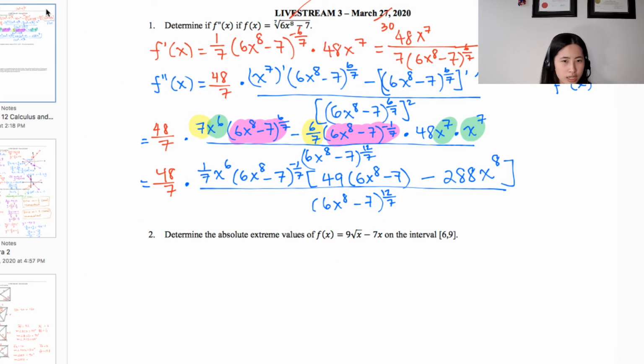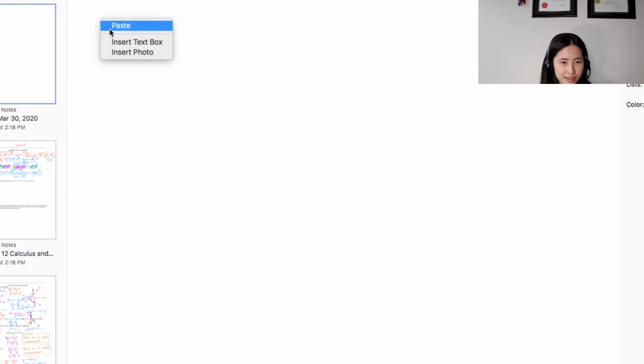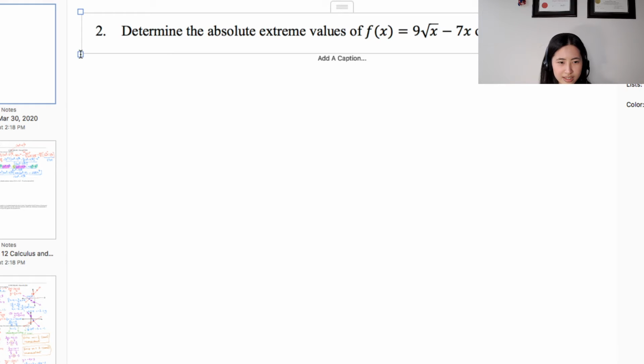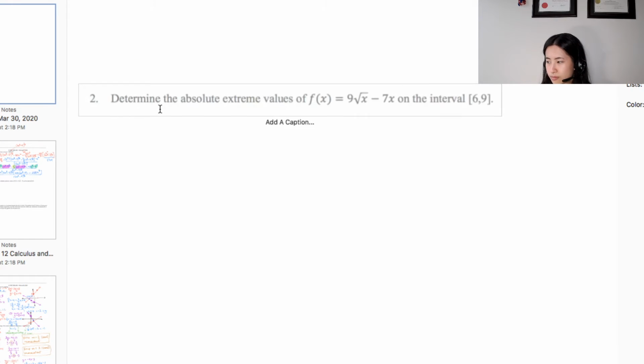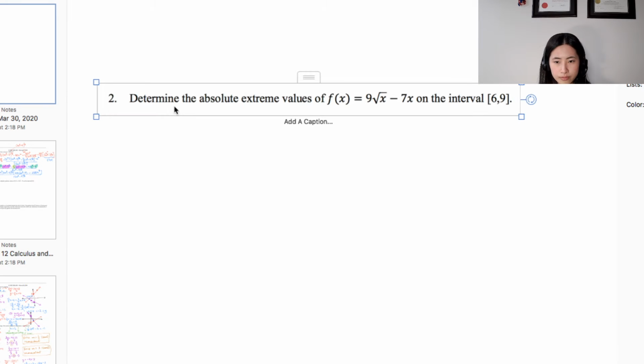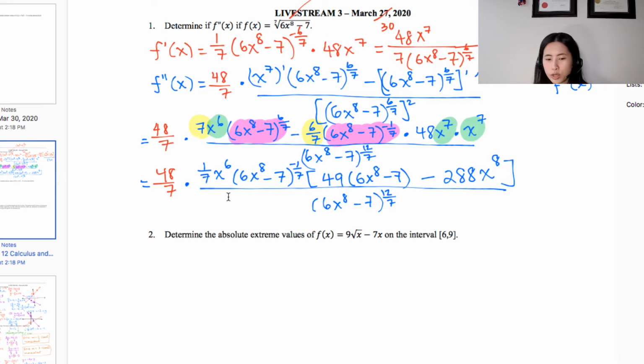I just wanted to create a new one. Okay, let's deal with question 2 later on, but I'm going to omit question 2 because we're going to solve question 2 in a different document.